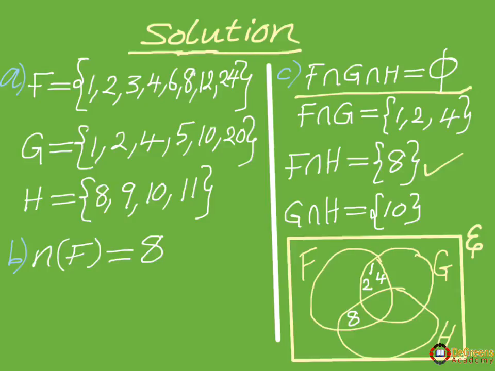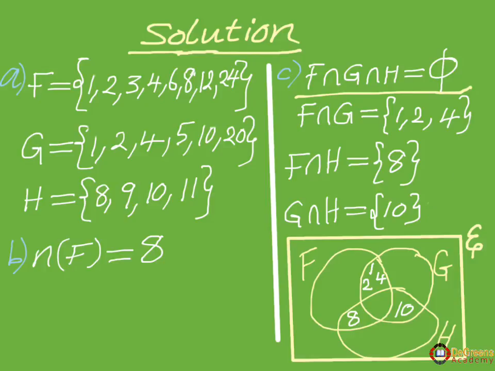So that 8 falls in that region, which is simply F intersection H only. We now take the region for G intersection H. Discover that you have the element 10. So that 10 falls in that region.